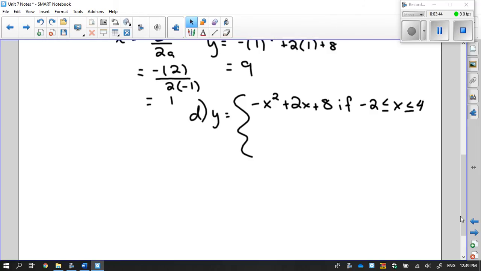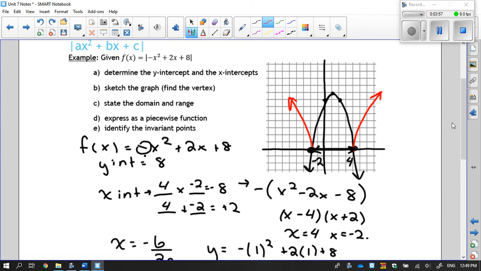Now the red part exists from here on to here on. So if it is less than negative 2 or greater than 4.